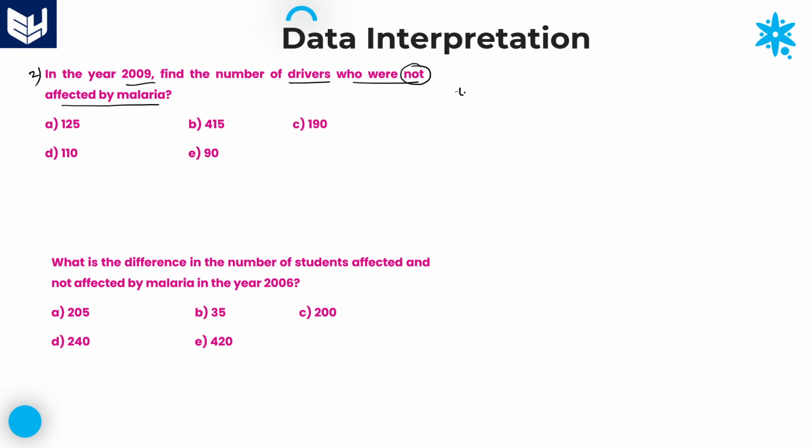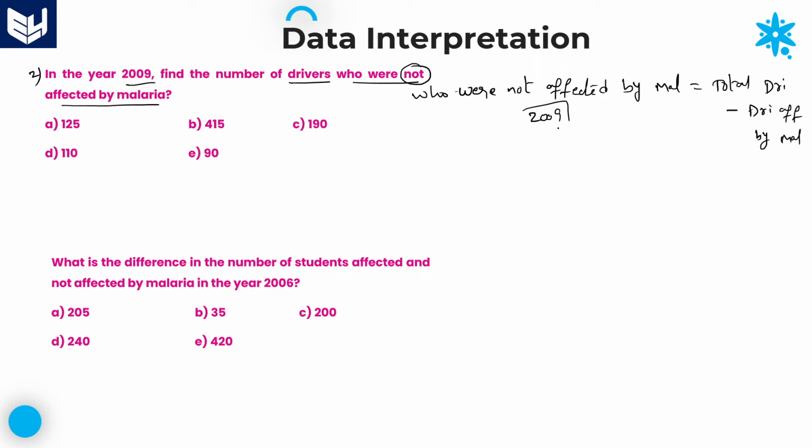So, those who were not affected by malaria is equal to the total number of drivers, as we are talking about drivers, minus drivers affected by malaria in that year. Here we are talking about the year 2009.